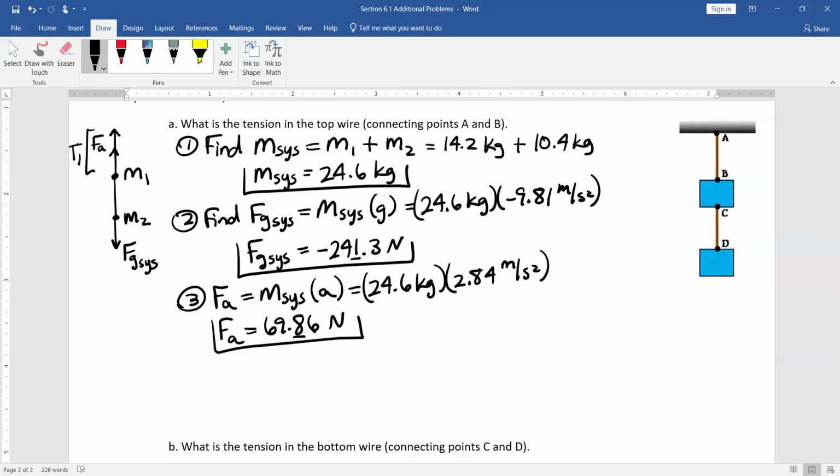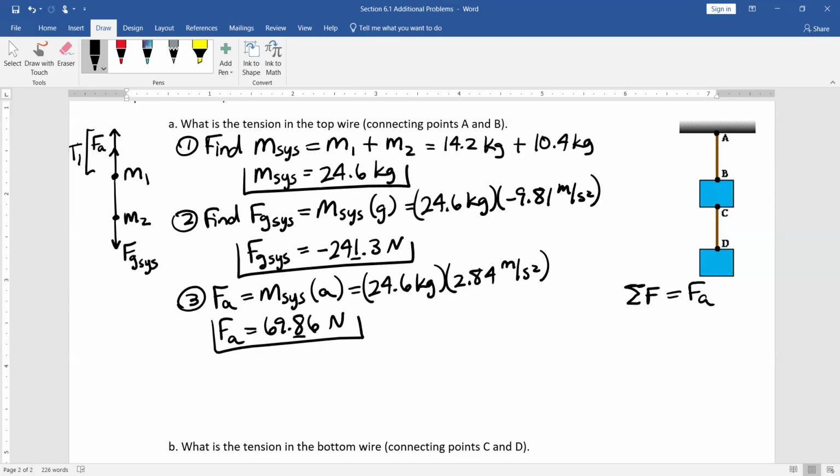So you can think of the sum of the forces as the force of the acceleration, right? We have an unbalanced system in this case, so the sum of the forces is not zero. The sum of the forces is the upward tension added to the force of gravity.